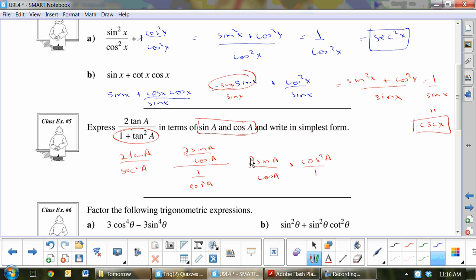What can you do now? Now remember, this means this. That's cos A times cos A, right? So you see how we can cancel a cos A, leaving me with 2 sine A cos A.